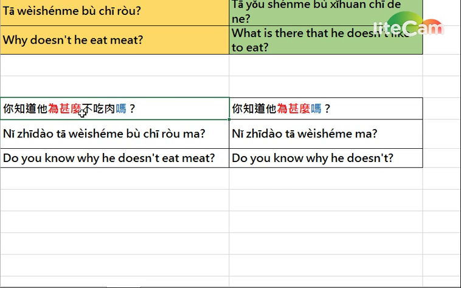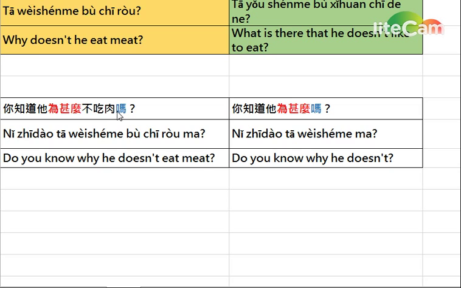The outer question is about whether the listener knows the answer to the inner question. The particle ma here only applies to the outer question, so it doesn't clash with the question word in the inner one, which is 他为什么不吃肉?